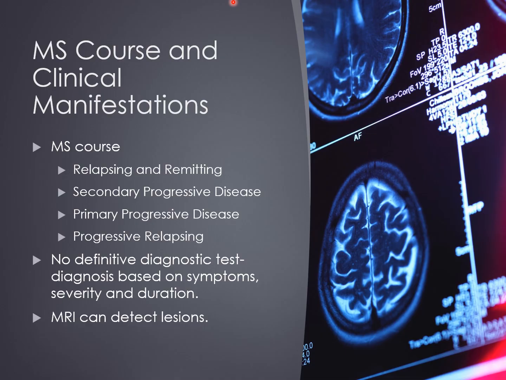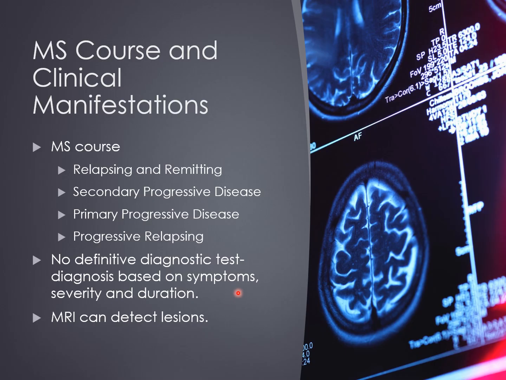In primary progressive disease, this is characterized by nearly continuous neurological deterioration from the onset of symptoms. So unlike relapsing and remitting forms, once someone with primary progressive disease is diagnosed with MS, they just have continuous deterioration with no remissions. So there's no periods where they have symptom-free times.